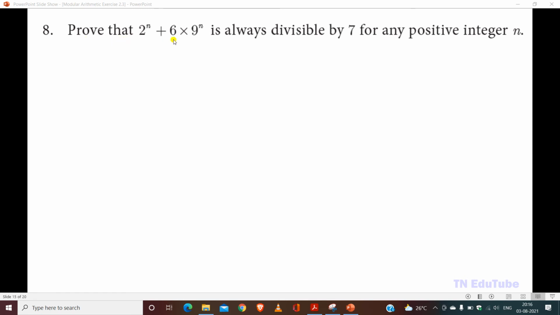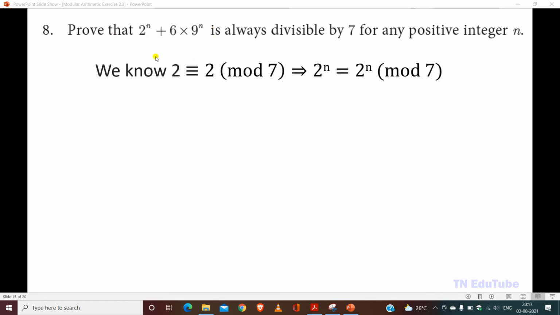Then the next question, prove that 2 power n plus 6 into 9 power n is always divisible by 7 for any positive integer n. We have to prove that this number is divisible by 7. We know that 2 is congruent to 2 mod 7. When you divide 2 by 7, the remainder is 2 only.